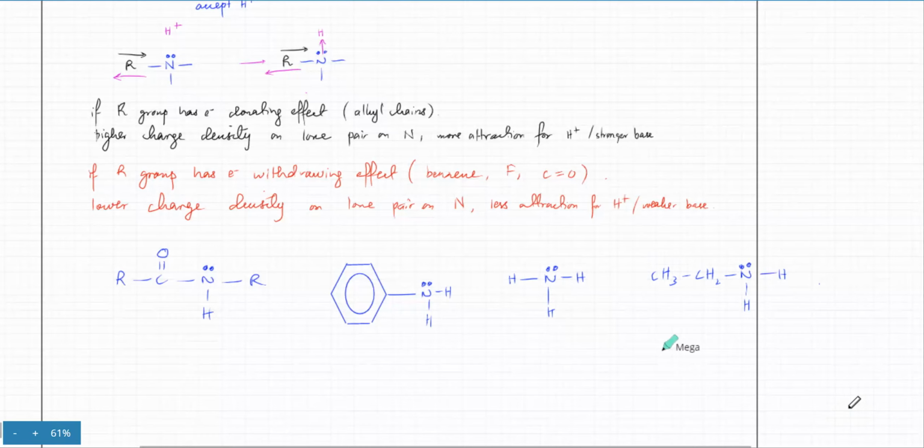I'm going to first write what the names are. This one is an amide, and it's not basic at all. Then you have a phenylamine, which is slightly basic.